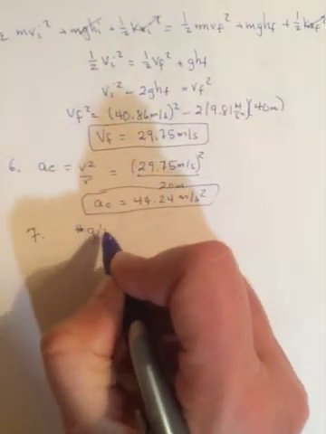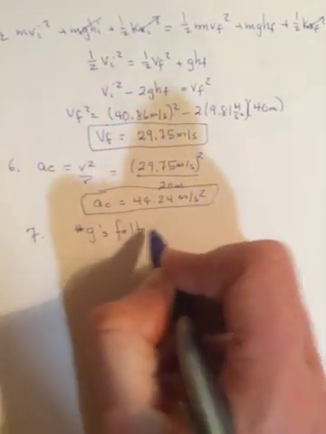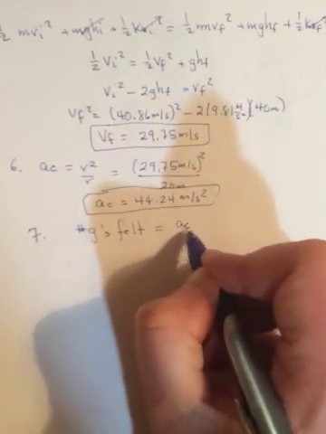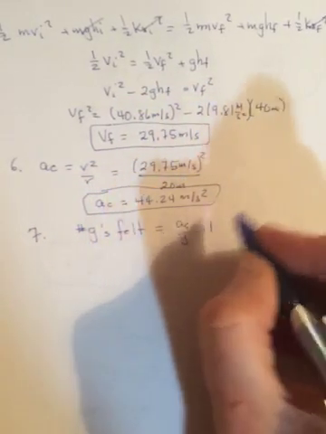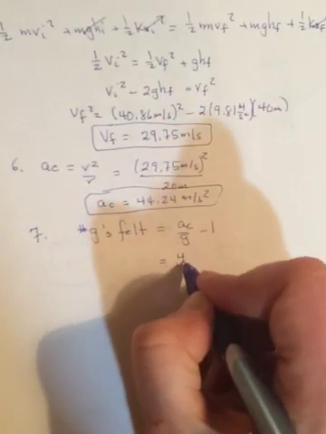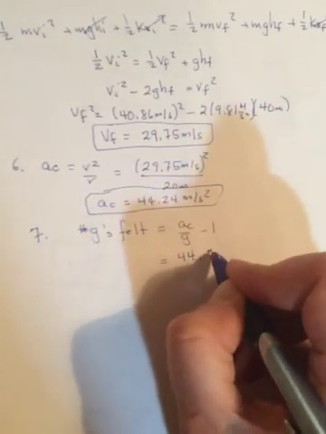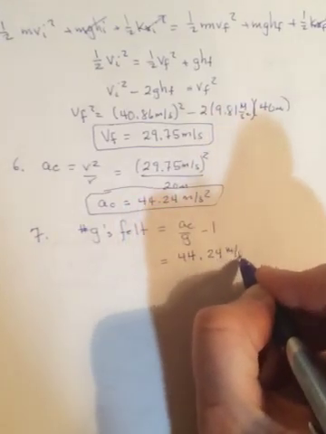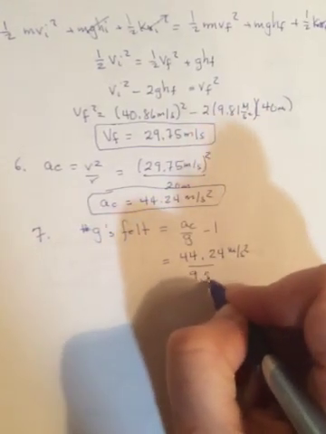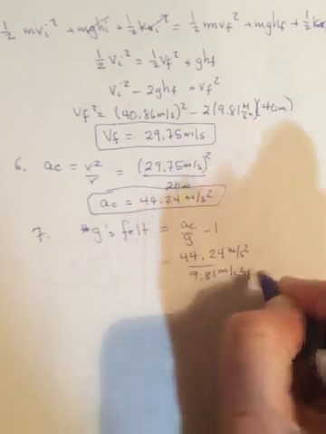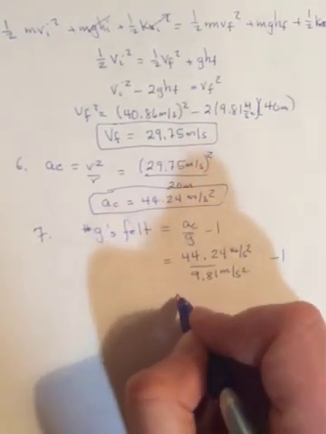So number of G's felt is equal to a_c over g minus 1. So it's equal to 44.24 meters per second over 9.81 meters per second squared minus 1.